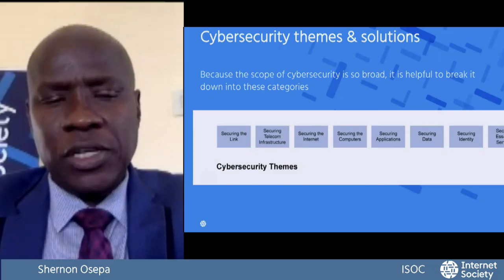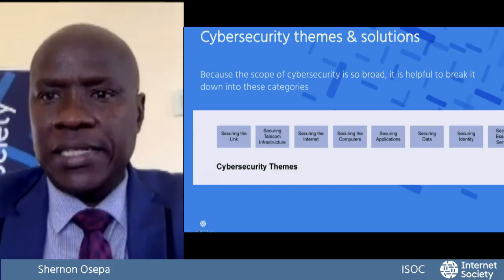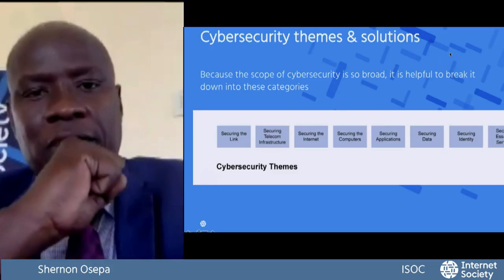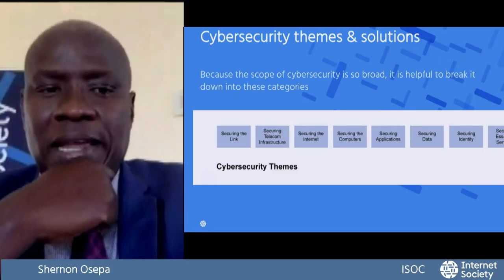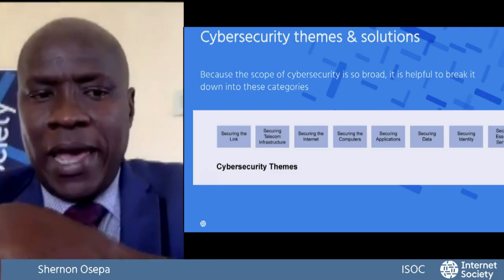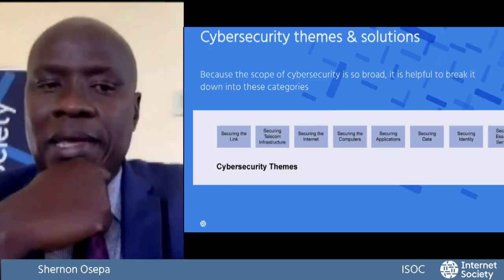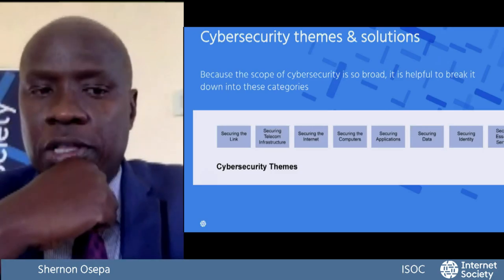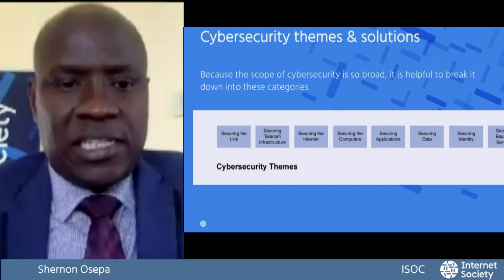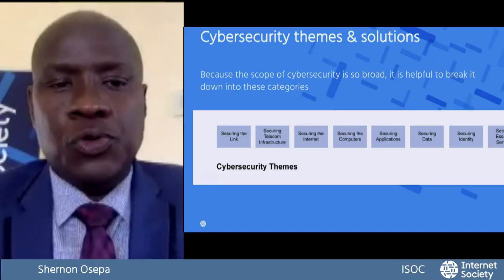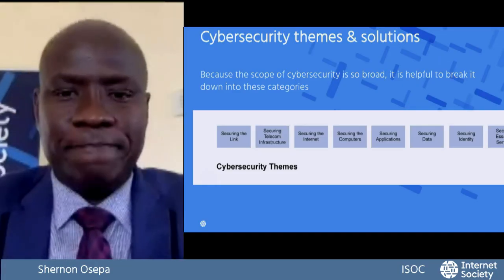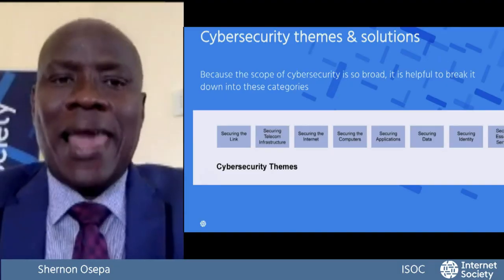So without further ado, let me go straight into this. Basically, if you would like to address, let's say, cybersecurity issues, we have 8 areas that we normally have to focus on. You may have seen a lot of cybersecurity strategies for a given country, but if they don't cover in one way or the other these 8 areas, then they lack something.